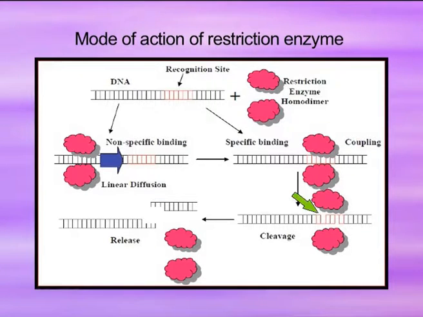Then magnesium ions participate and help in the cleavage of the DNA after the specific binding of the enzyme to the DNA. After the cleavage of the double-stranded DNA, specific fragments are generated which might have cohesive ends or blunt ends.